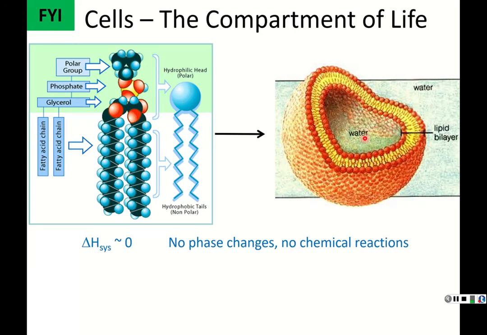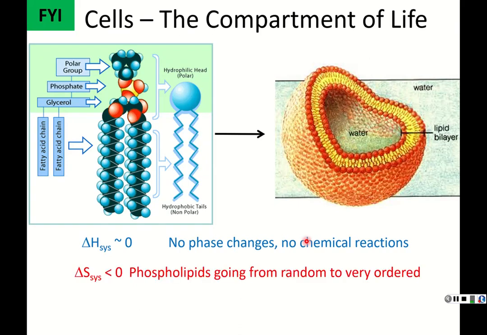If you want to look at the thermodynamics of this, going from single phospholipids in solution to phospholipids forming this bilayer, the delta H of this transition would be about 0, because there's no phase changes here and there's no chemical reactions occurring.